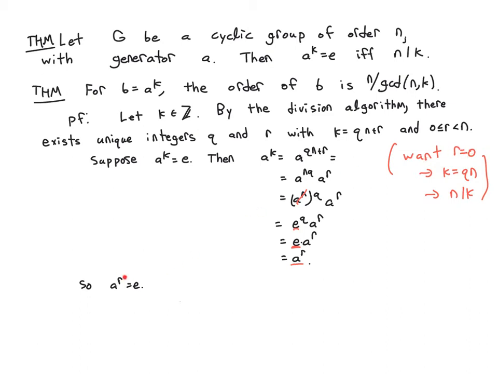What happens if r is bigger than 0? Then we have a to the r is equal to the identity element, and r is less than n. n is a positive integer. This contradicts the definition of order.